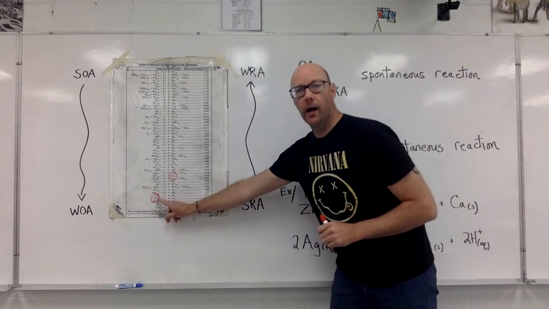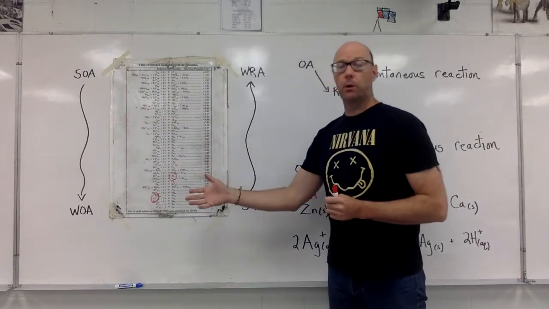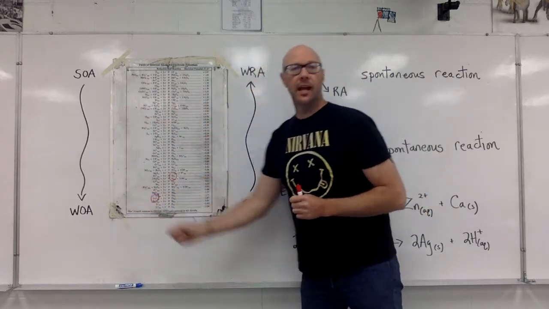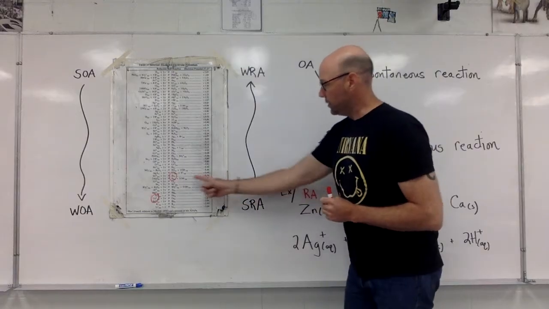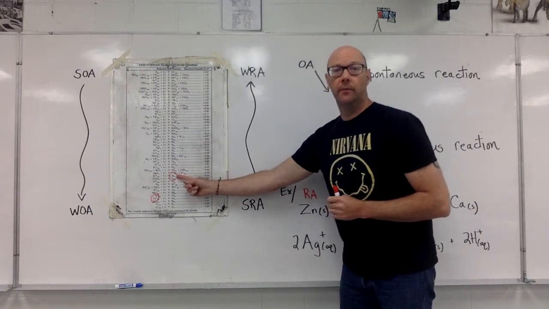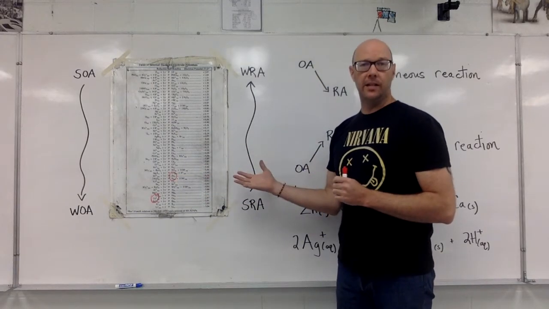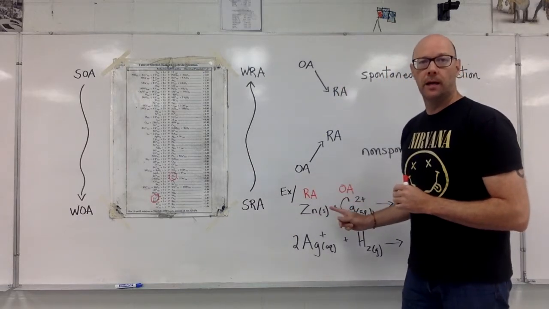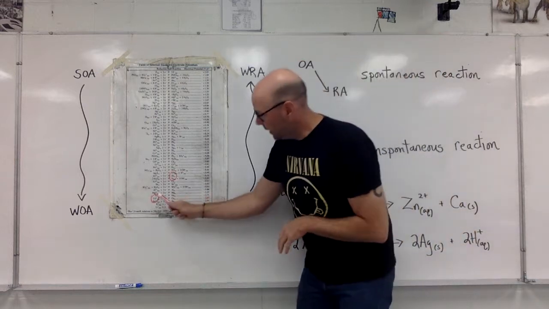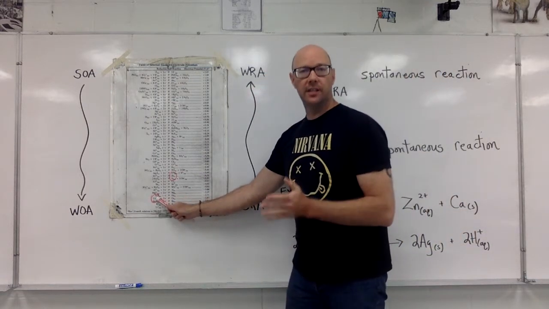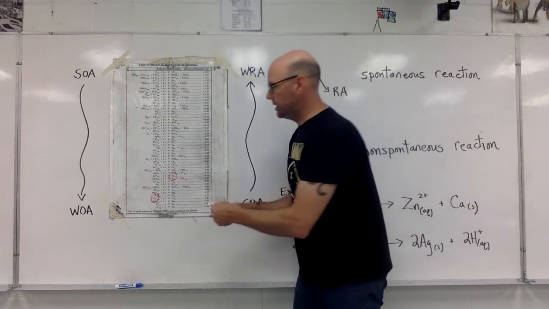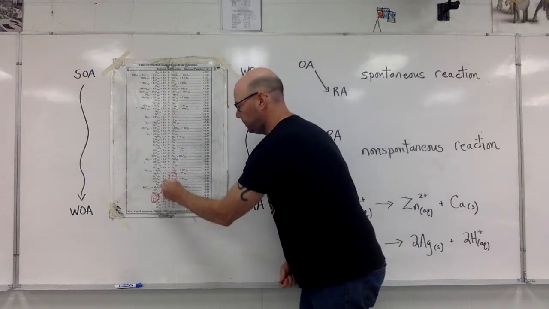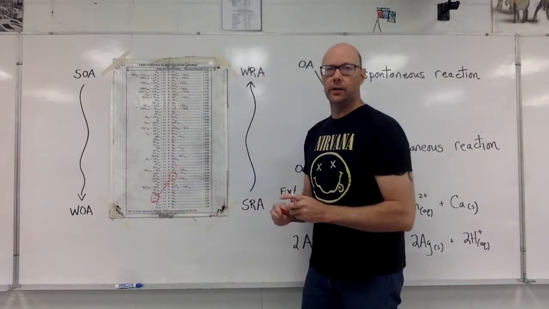By doing that, I get confirmation that my labels are correct. The calcium ions are on the left-hand side. That's where we find oxidizing agents. The zinc is on the right-hand side, which is where we find our reducing agents. Now I can also tell that the calcium, the oxidizing agent, is lower down on the table than those zinc ions.